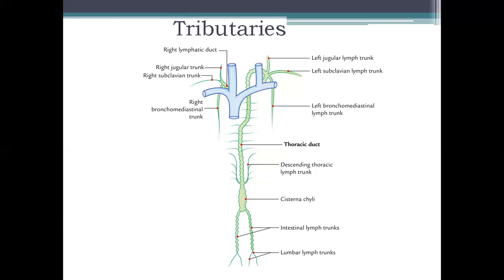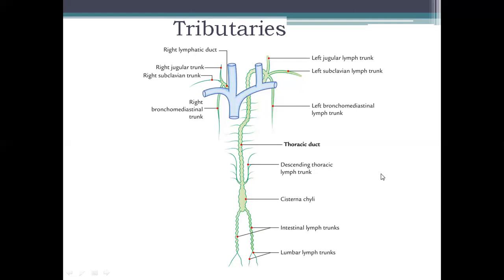Then at the level of termination, in the neck, we can see tributaries from the left jugular lymph trunk, the left subclavian lymph trunk, and the left bronchomediastinal lymph trunk. All these three drain into the thoracic duct at the level of termination in the neck.